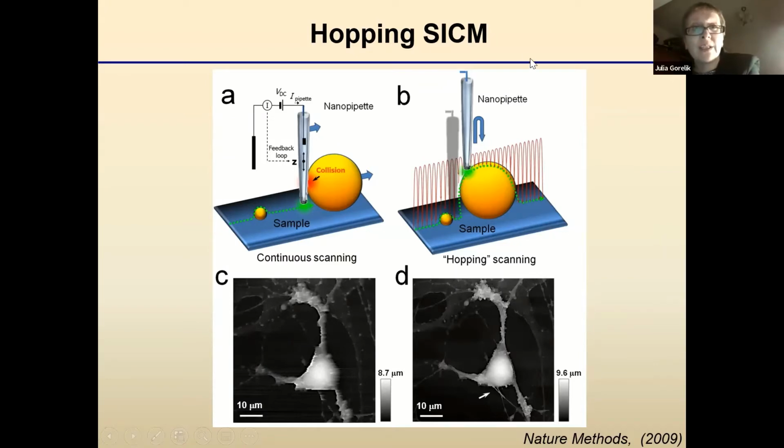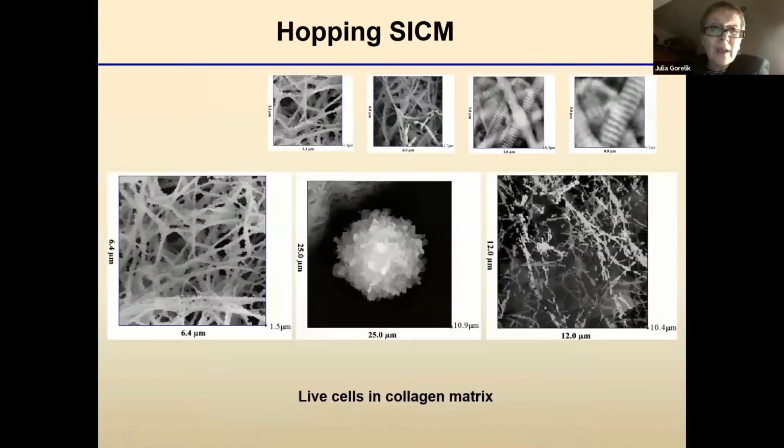We name this hopping mode scanning ion conductance microscopy. In this mode, we can resolve small features. These are live cells in the collagen matrix with high resolution. This is a high resolution image of collagen fibers, for example.